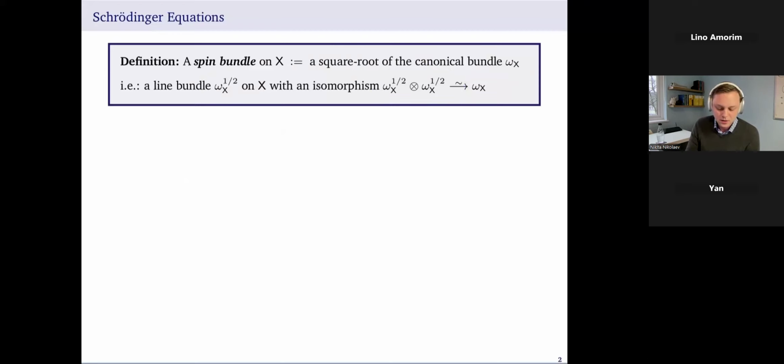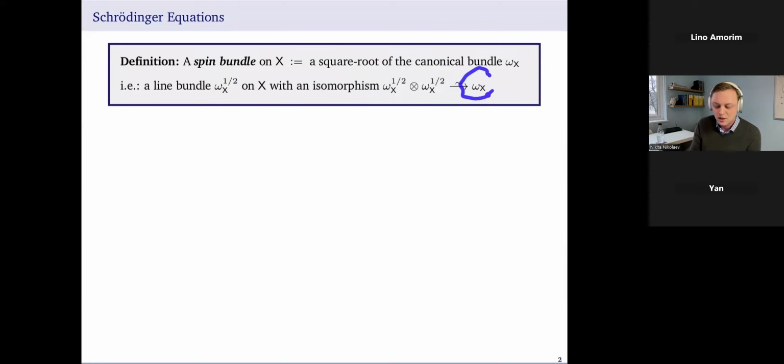In general, square roots of line bundles may not exist. For example, a necessary condition that you can immediately deduce is that because the degrees of line bundles in the tensor product add up, if I'm squaring a line bundle, its degree will get multiplied by 2.